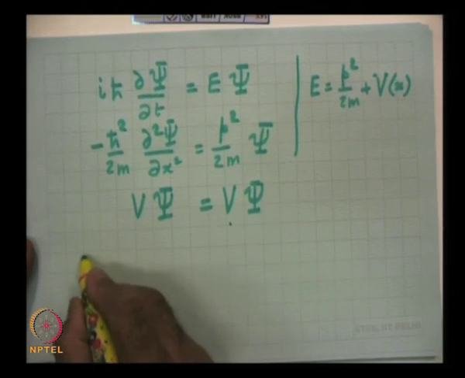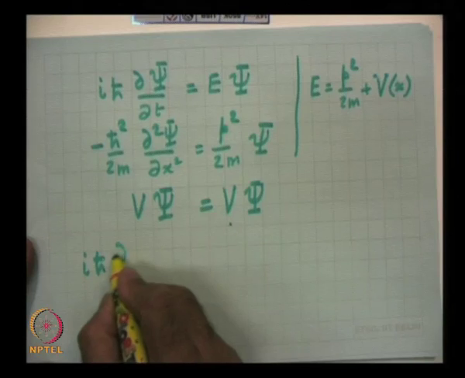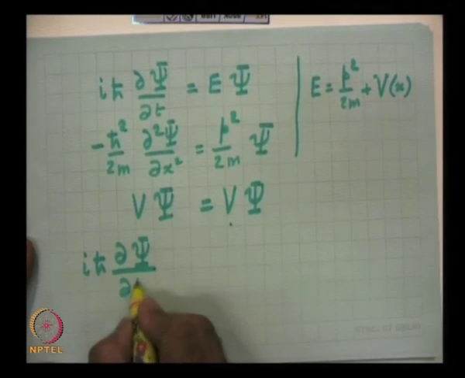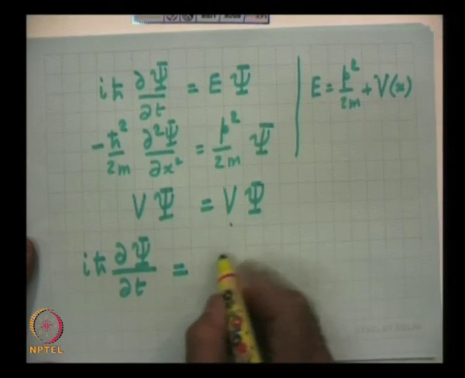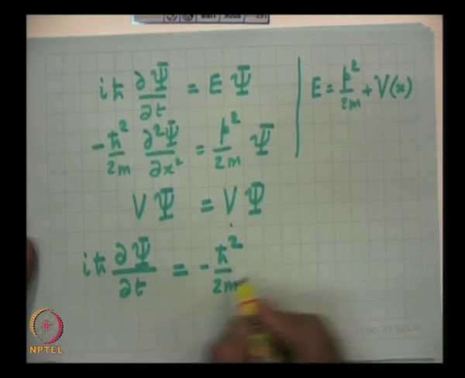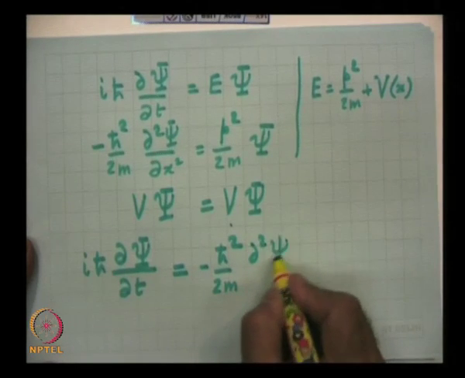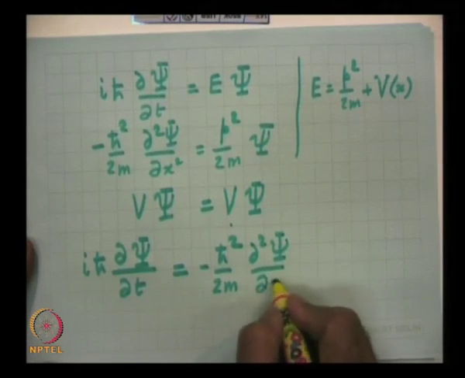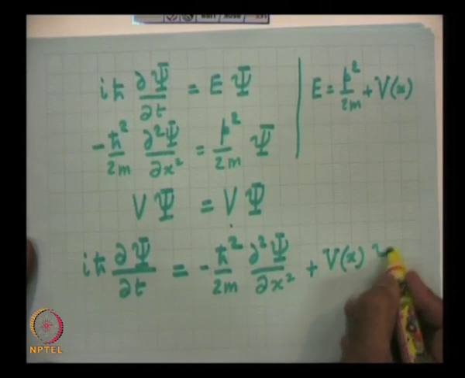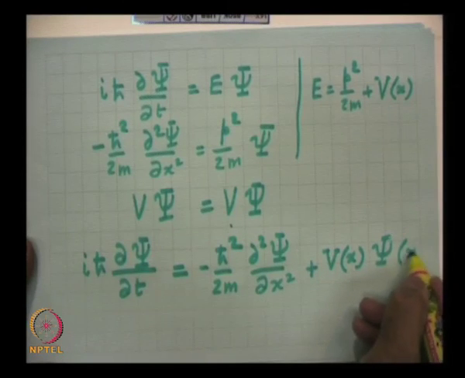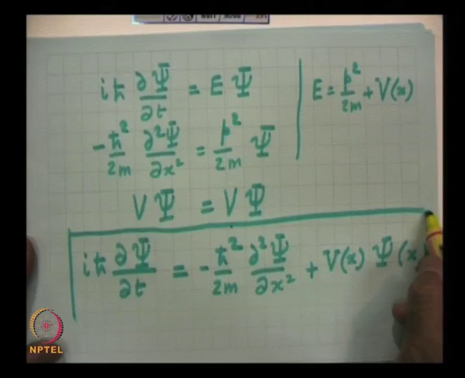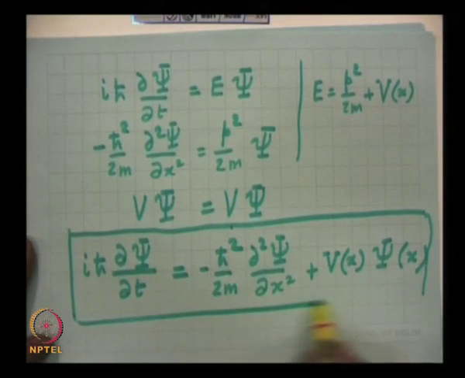So this is the rigorously correct Schrodinger equation, one dimensional Schrodinger equation for a particle in a potential field described by V of x, ∂²ψ/∂x² plus the potential is so much and ψ of x. So this is the Schrodinger equation for a particle in a potential field.